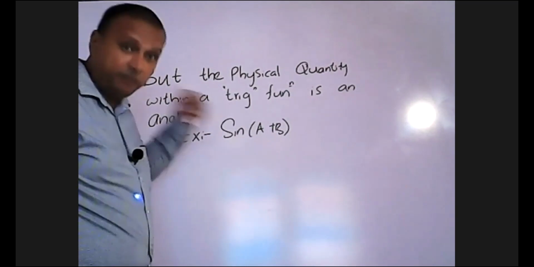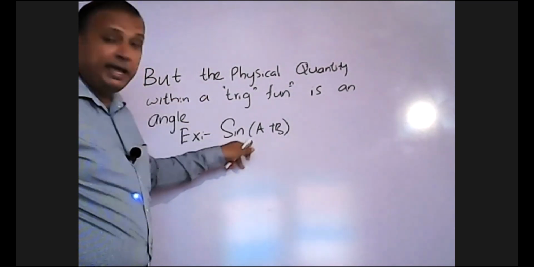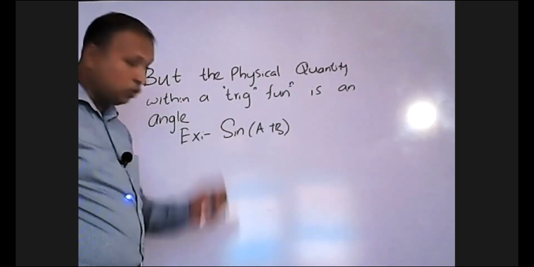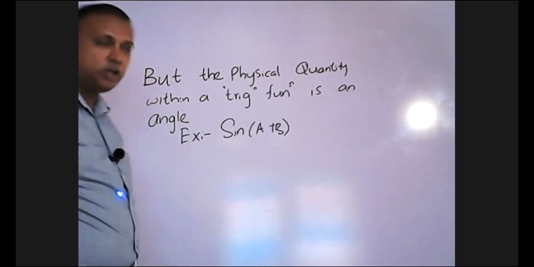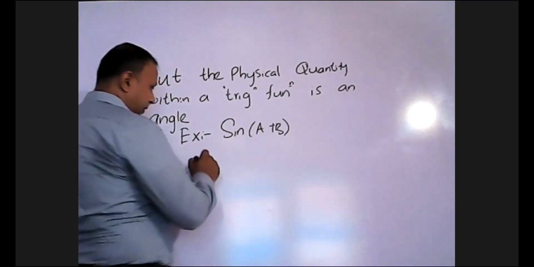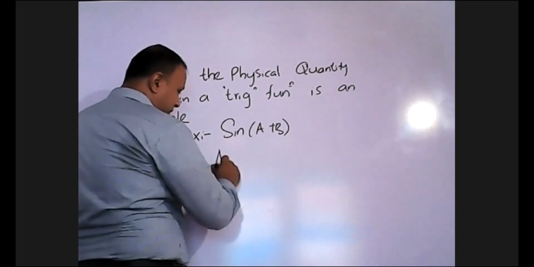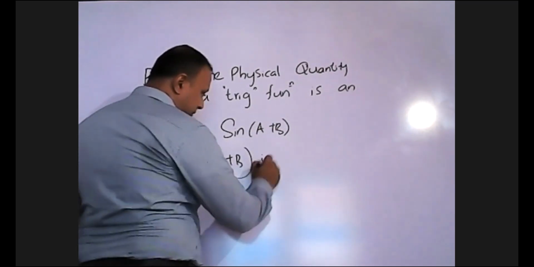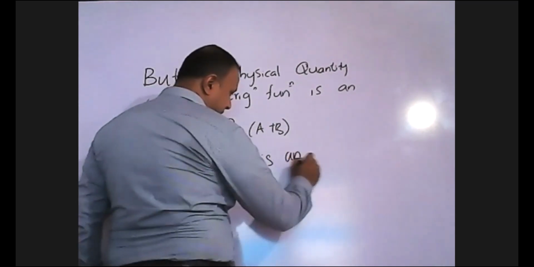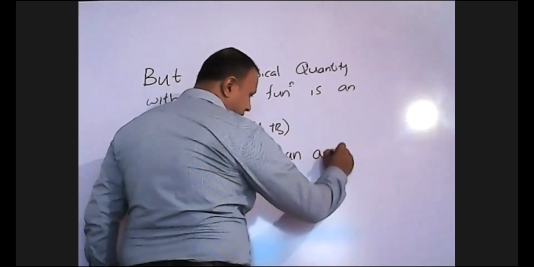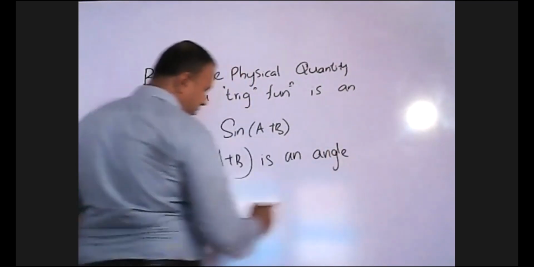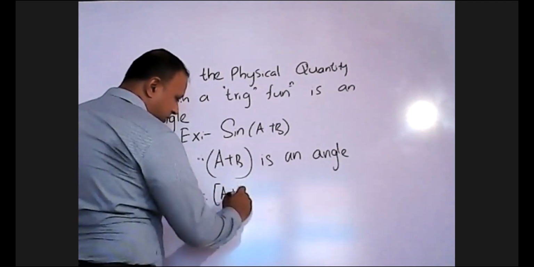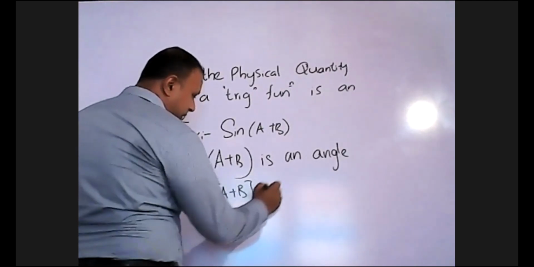According to our previous argument, A plus B should be an angle, so it doesn't have a dimension. Therefore, A plus B is an angle. Therefore, the dimension of A plus B is equal to 1.